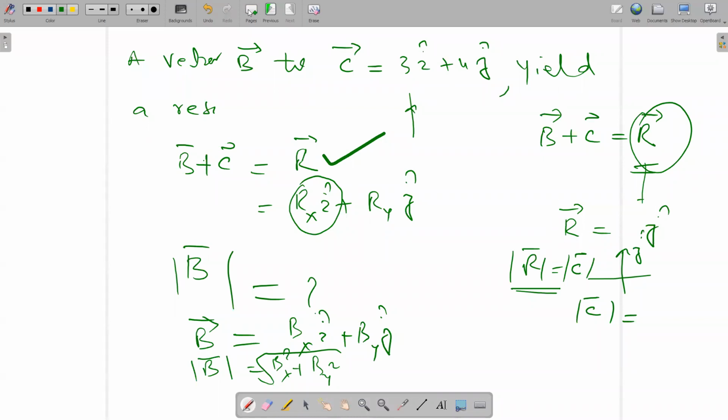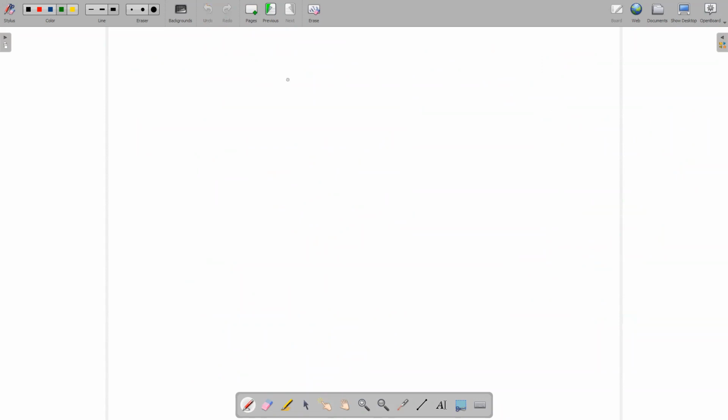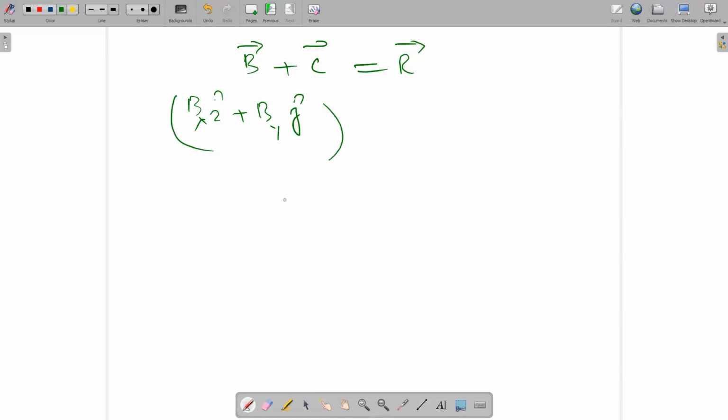So now I am solving this one. See, the first condition is: if you add B vector to C vector, we will get the resultant. B vector, if it is a vector, has two components, one along the x-axis and one along the y-axis.